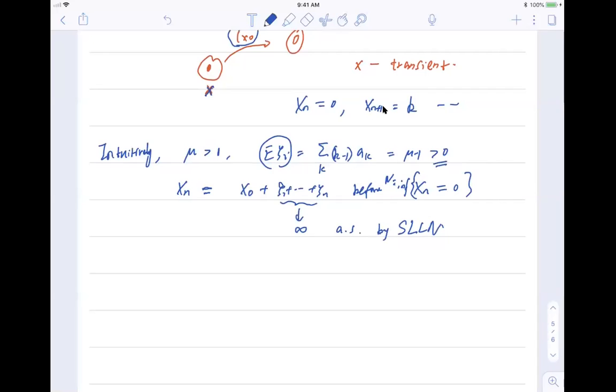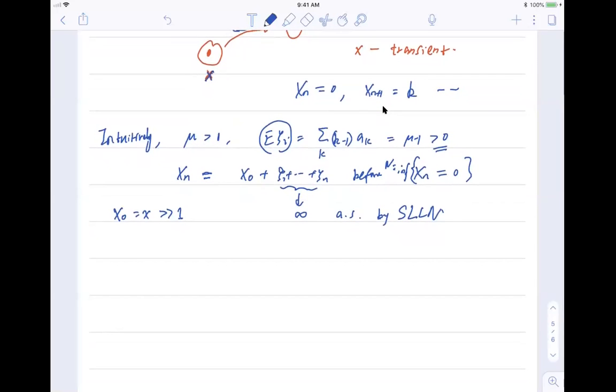If you choose x0 equals x very large, you don't return. So this probability is less than 1. Which means if you're starting from x, the probability of reaching 0 is less than 1, so the probability of never reaching 0 is bigger than 0.